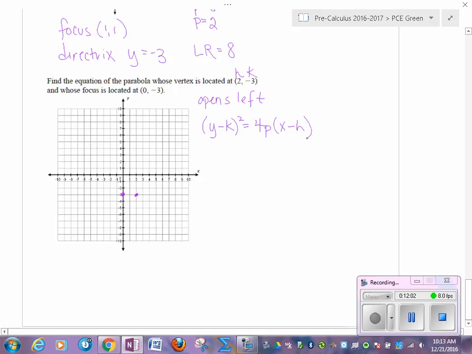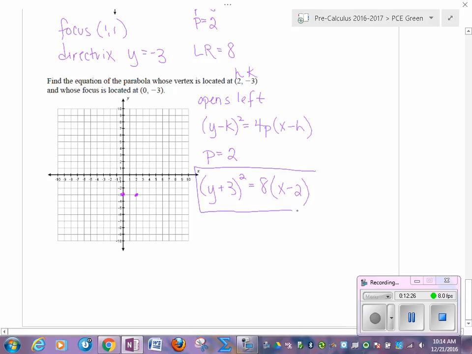So I can go ahead and substitute in the information I know, and I know that my p-value, the distance between my vertex and my focus, is 2. So I know that p is equal to 2. I have my vertex, which is my h and my k. So I'm going to go with (y plus 3) squared equals 8 times (x minus 2).